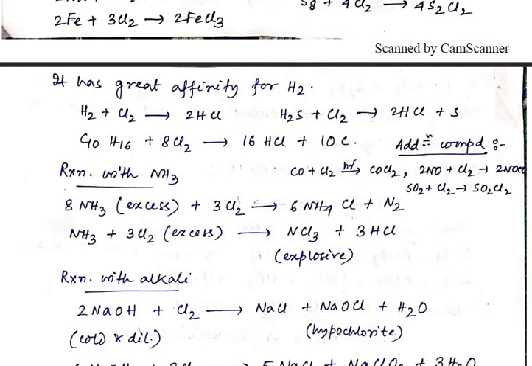And if I have any type of hydrocarbon like C10H16, and when it reacts with chlorine, then we will get HCl. So in this way we can observe that the chlorine has a great affinity towards hydrogen, so it can form HCl very easily.